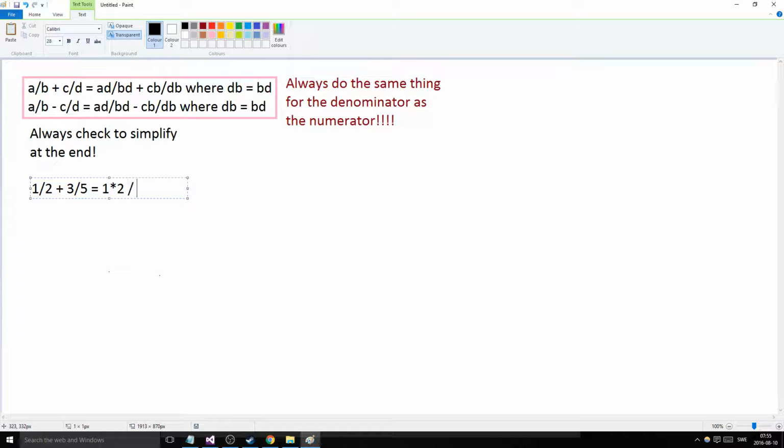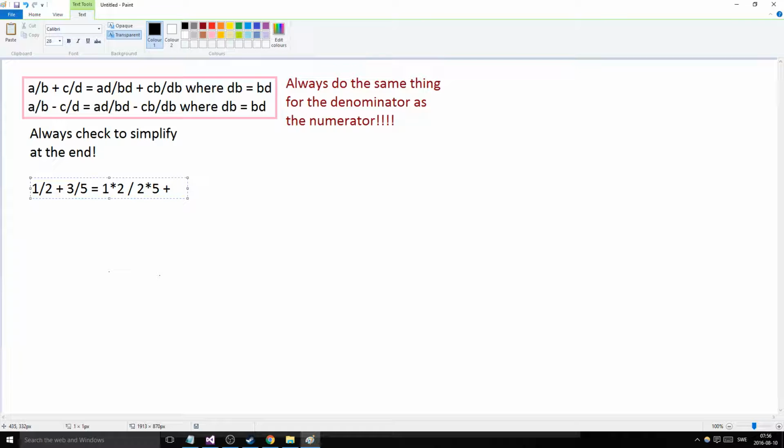So 1 multiplied by 2. This is our AD, and now we're going to do our BD, which is 2 multiplied by 5. And then we have our plus symbol here.